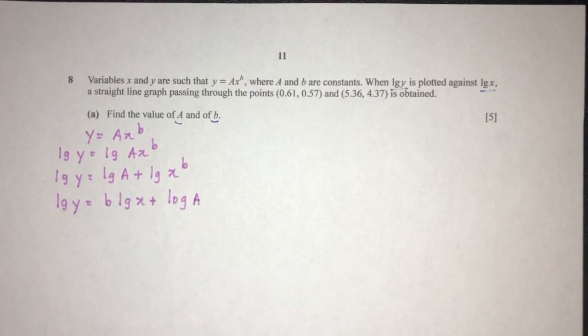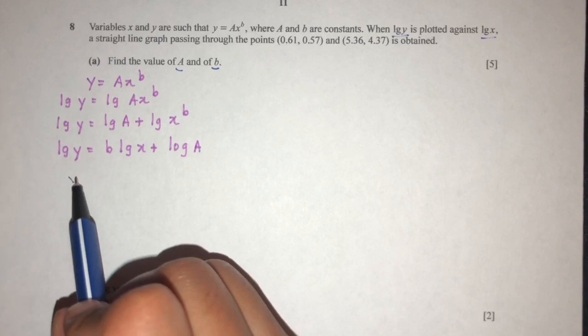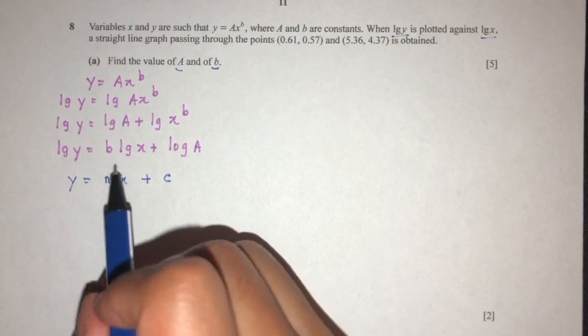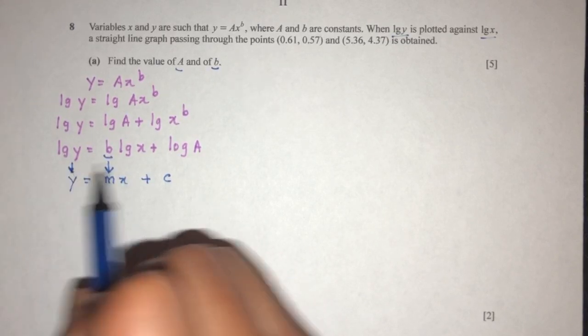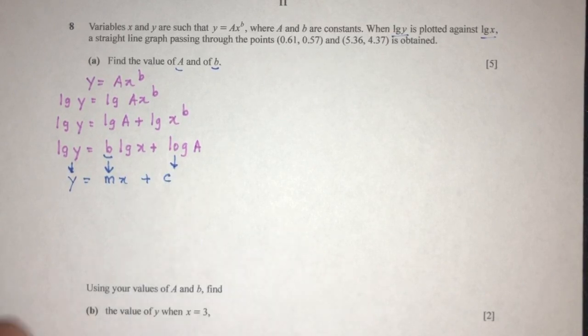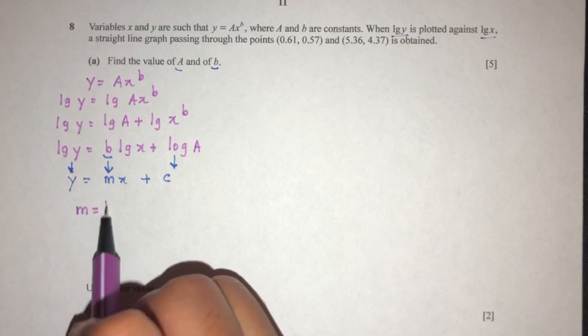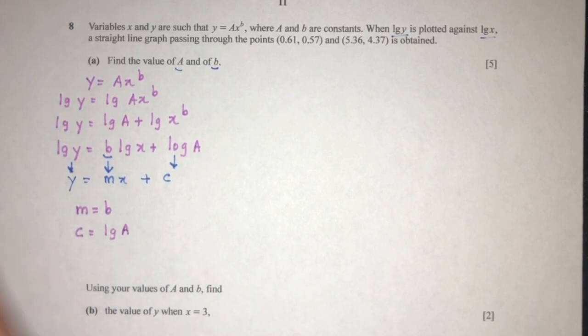So now we can compare to the equation of a straight line. For example, whenever we have y against x, it is simply y equals mx plus c. Now this one is your gradient, and this is your y-intercept according to this equation. So simply we realize that the gradient m is b and c will be your y-intercept, which is log of a. So we can find the values of a and b by using the values.